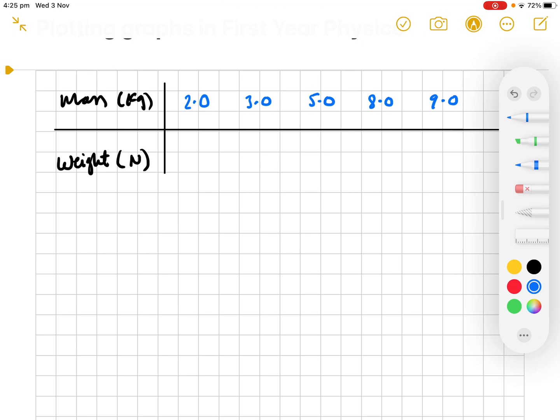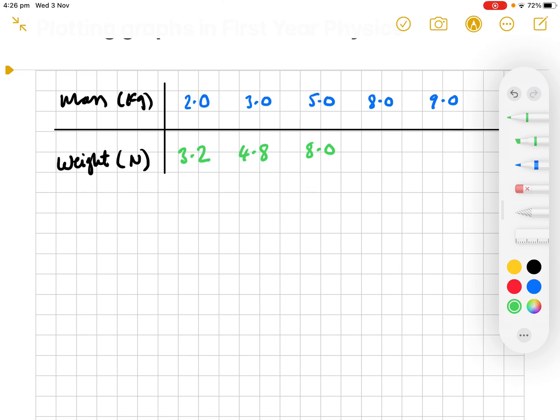Okay. Now let's imagine that the results of the weight turn out to be as follows. So for the 2 kilogram, let's imagine that that turns out to be 3.2 newtons. For the 3, it's 4.8 newtons. For the 5, it's exactly 8 newtons.